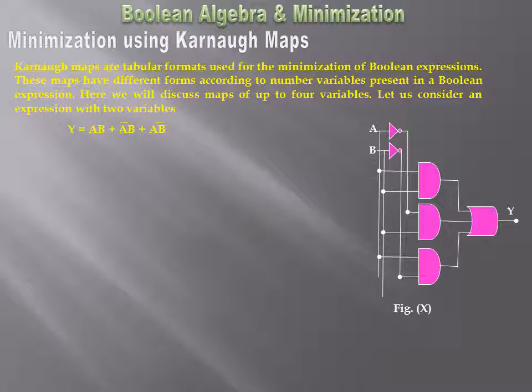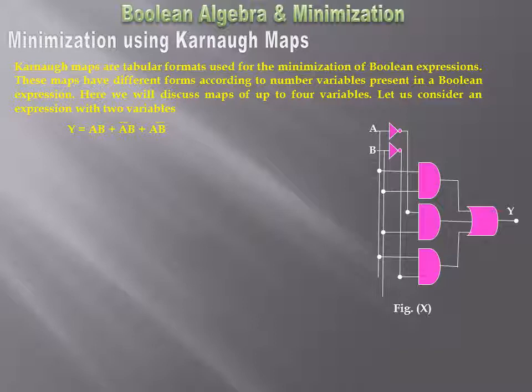We can minimize this expression simply by using Boolean laws. If we OR one more AB to this expression, it will be AB or A naught B or AB naught or AB.